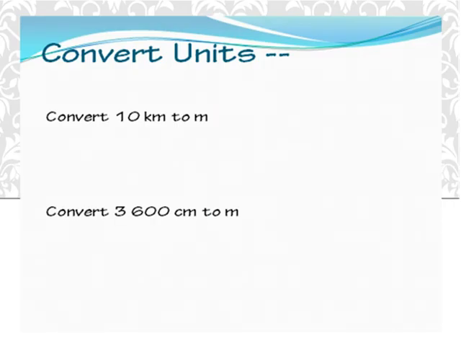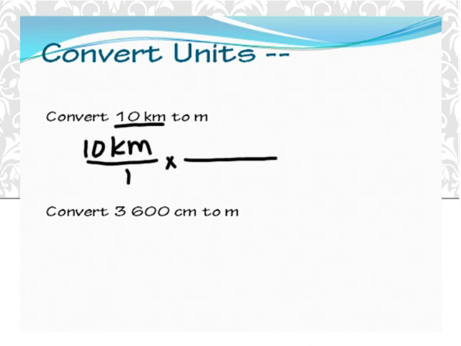In fact, let's show you what I mean here. Here we're going to convert some units. We've got 10 kilometers. We want to convert that to meters. So you write what you're given over 1, and then we know that 1 kilometer equals 1,000 meters. So you want to put kilometers on the bottom so you can cancel out those units.